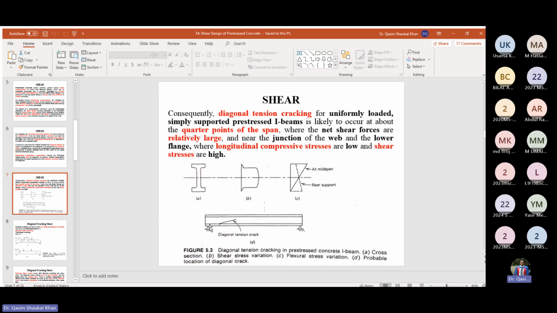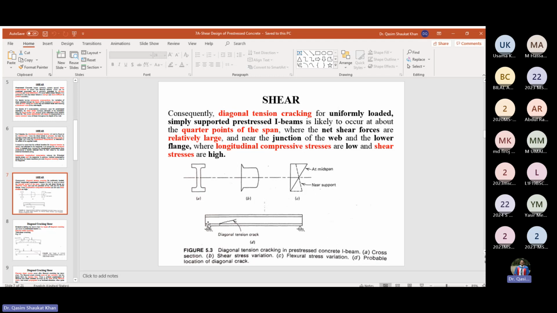Although shear is maximum here, you know that compressive stresses due to the pre-stressing are very large, and the tensile stresses due to the applied loading are very small here. So your diagonal tension crack will appear where these tensile stresses' value will increase.